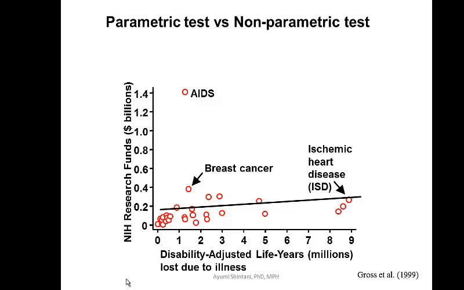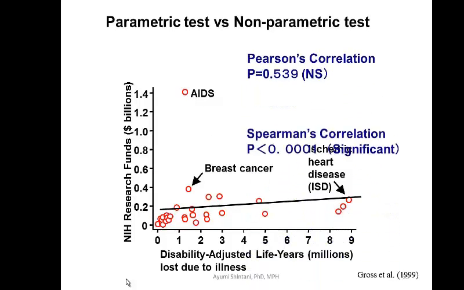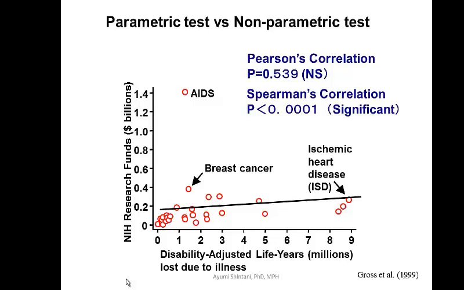Spearman rank correlation is non-parametric, so you don't have to worry about the shape of data. In this case, both funding and the disability-adjusted life years are skewed. It doesn't look normally distributed. Therefore, we know the non-parametric test is more valid, so we can use this p-value.